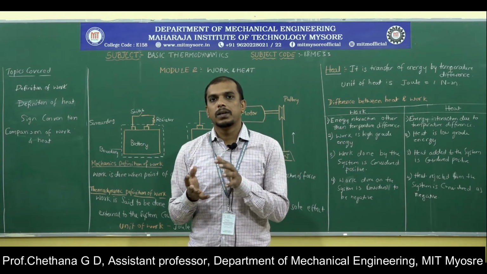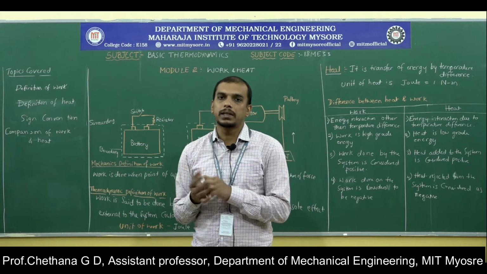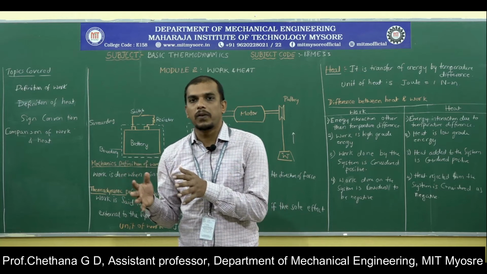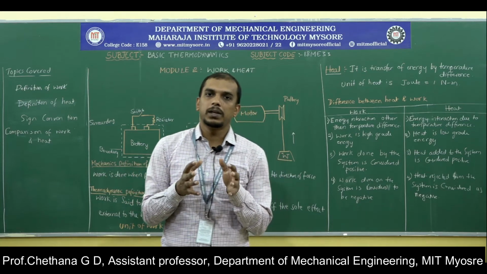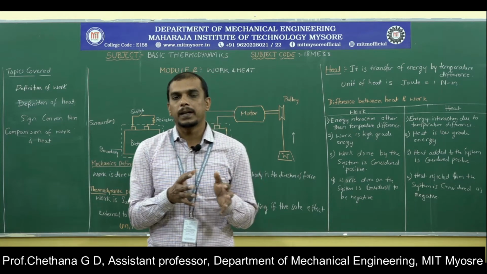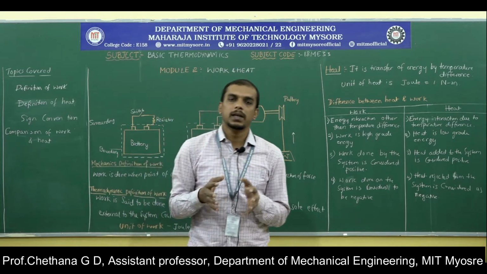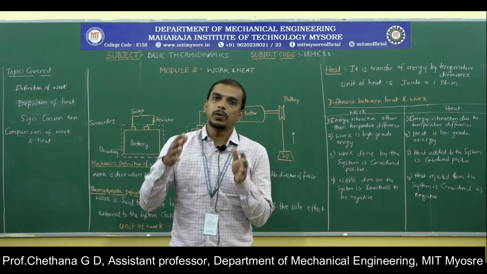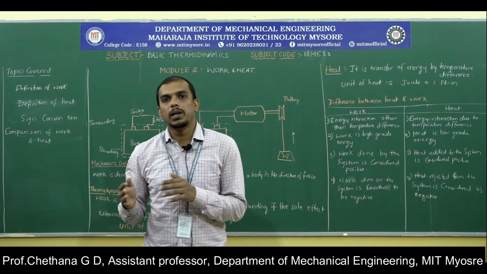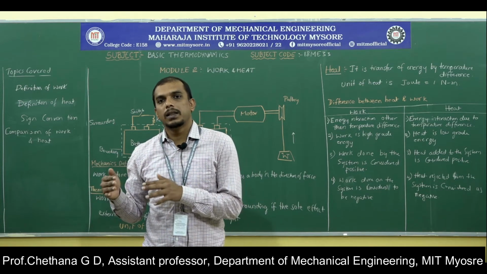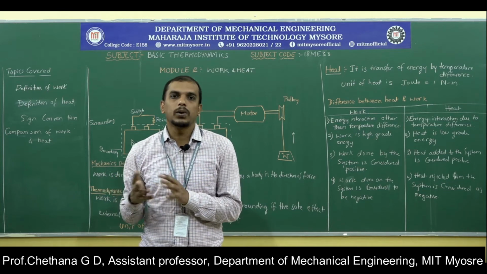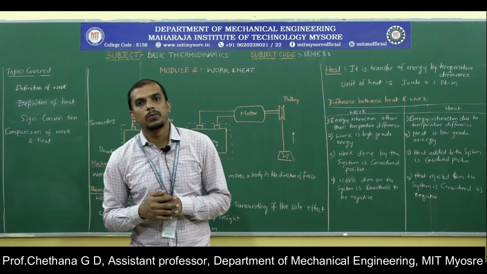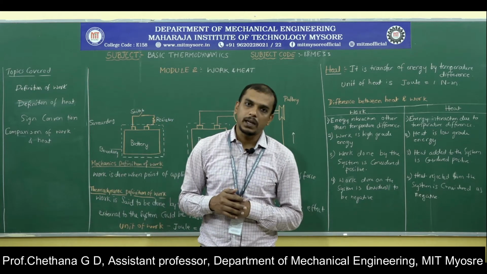That is given by the formula force into displacement. Work in mechanics is the product of force and displacement. So, you call it work only when there is a displacement. If there is no displacement, there is no work in terms of mechanics.